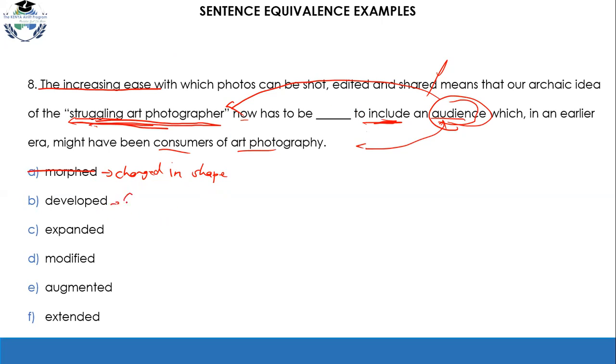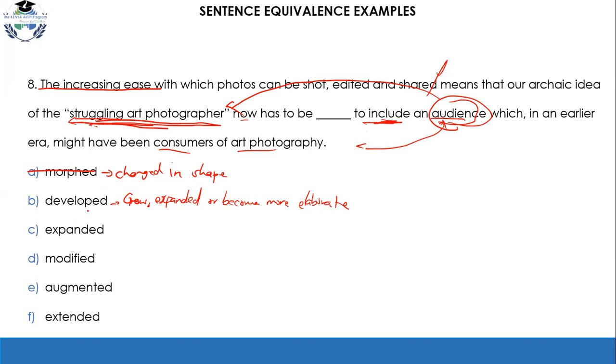Develop means to grow, expand, or become more elaborate, right? So this one might work. We need to develop it.